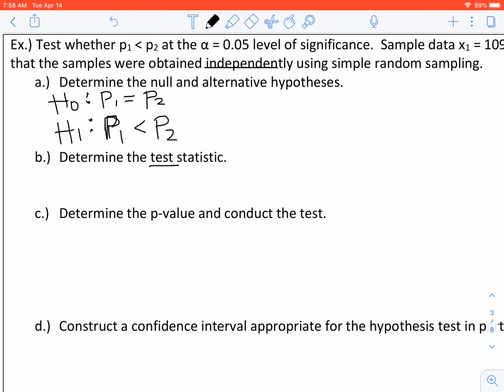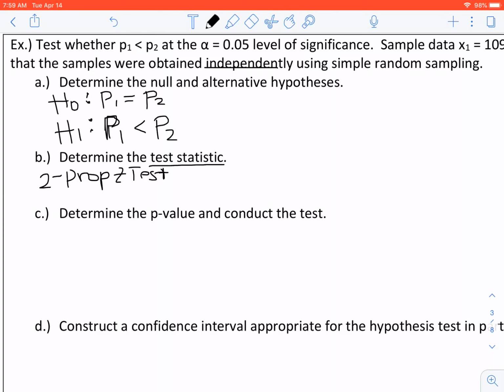Determine the test statistic. And so we have a z value for our proportions. So we are going to go to stat test, and we need to go to 2 prop z test. When you do that, you're going to be asked to enter in all your information. You know, alpha is 0.05, so your confidence level is going to be 95%.